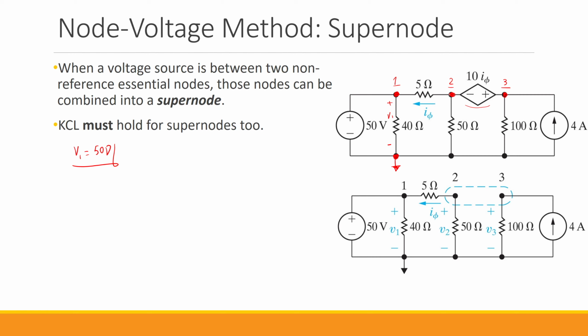But for nodes 2 and 3, we don't have this condition. So let's write down the KCL for each of these nodes. I write it in terms of the currents that are leaving node 2.